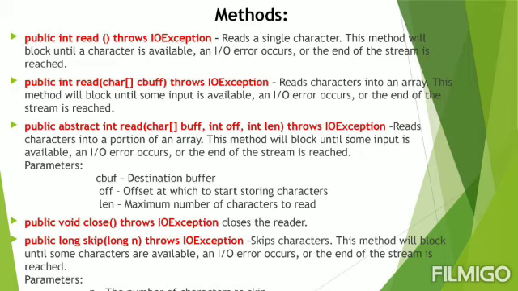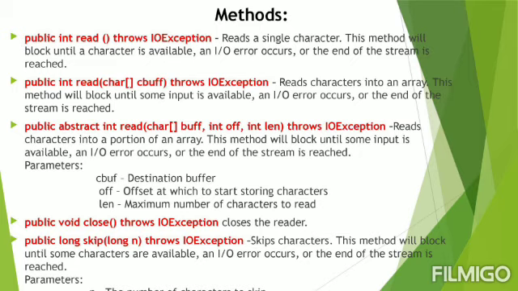Public int read, to read a character. This will help you to read a character into an array. This method will block until some input is available, an I/O error occurs, or the end of the stream is reached.